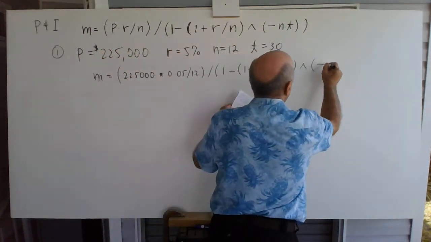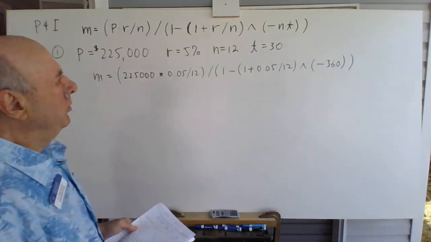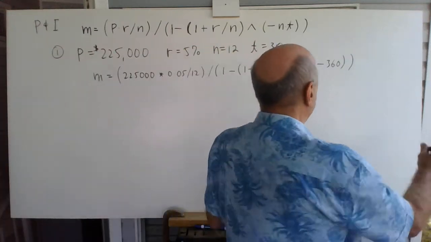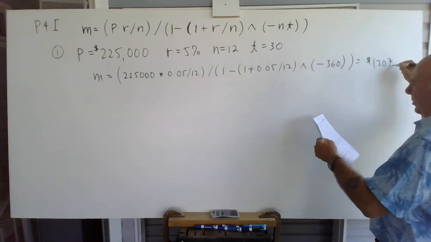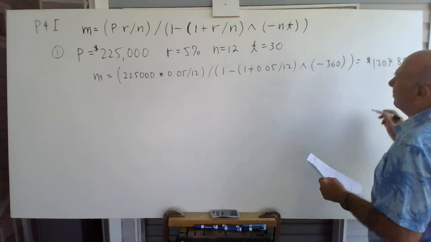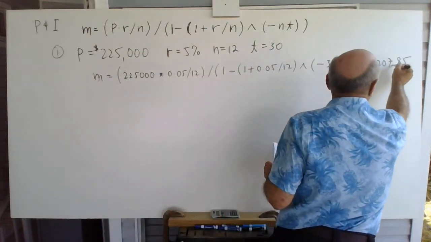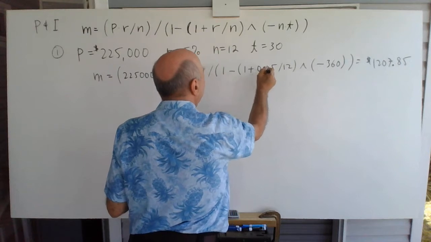So we can just go ahead and put in negative 360. So when we do this in the calculator, we get $1207.85. You always have to remember you've got to be able to see those decimals.